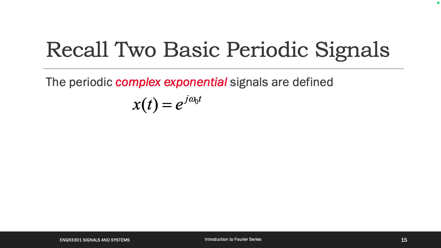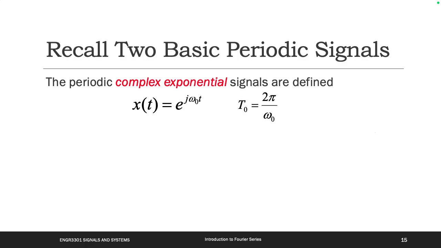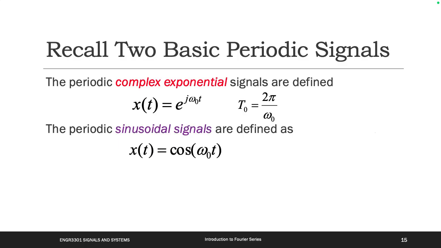Yeah, 2 pi over omega naught. So omega naught we call the fundamental frequency, am I right? And the periodic sinusoidal signals are defined like this, and the period is similar to this, am I right?